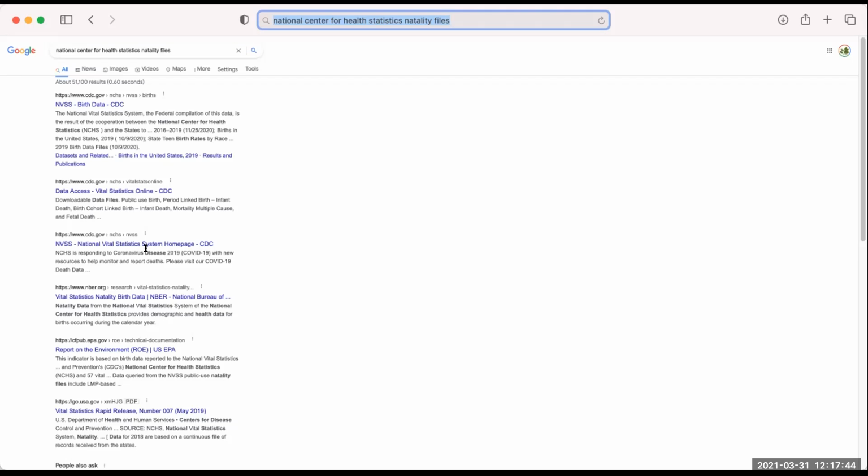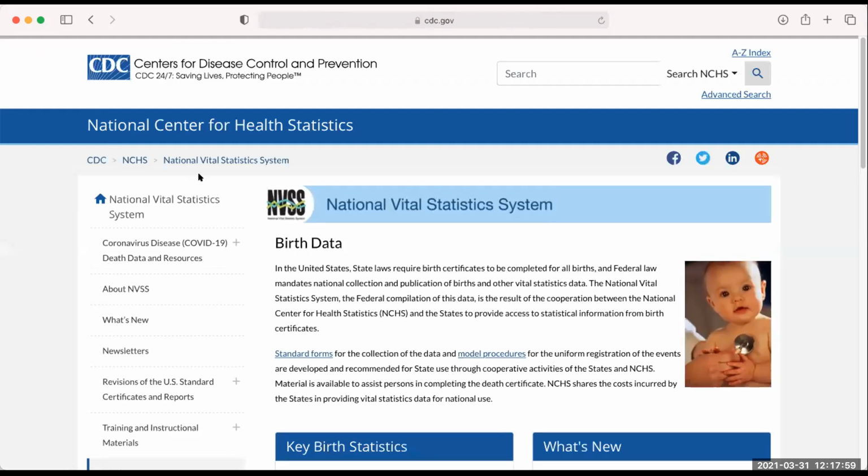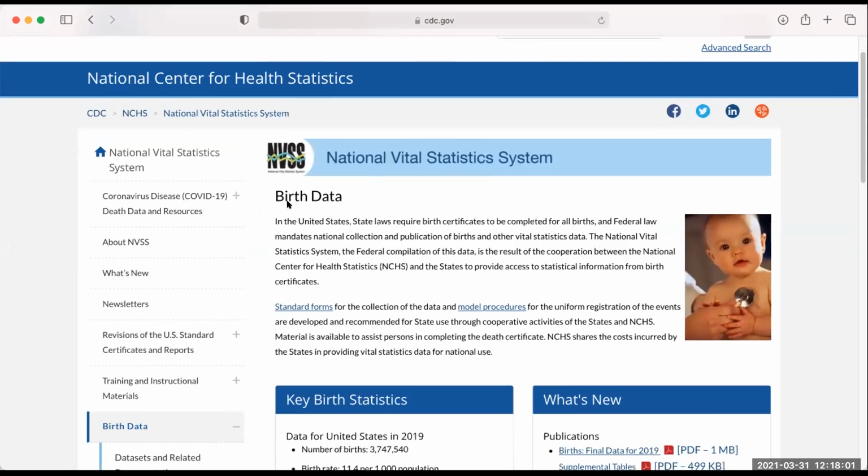So you should see that instead of the slides here. And you'll see that we have a couple related things here, of which if we just want to see the natality stuff, we could see this kind of dashboard here. So let's go ahead and look at this. And you'll see that it talks about the data. You can see the forms that they use for collecting that.